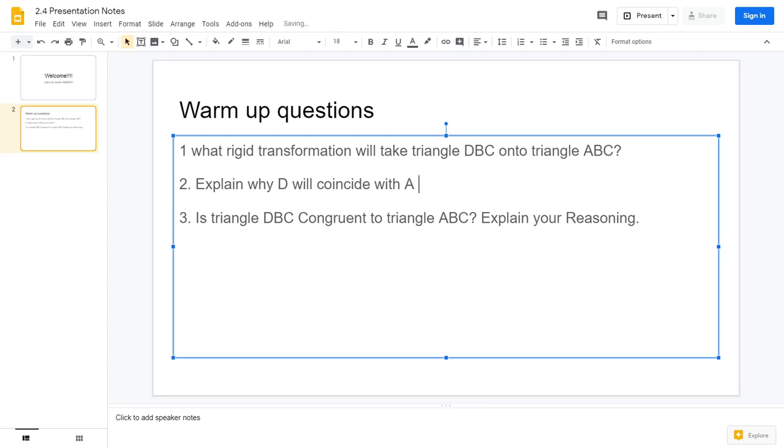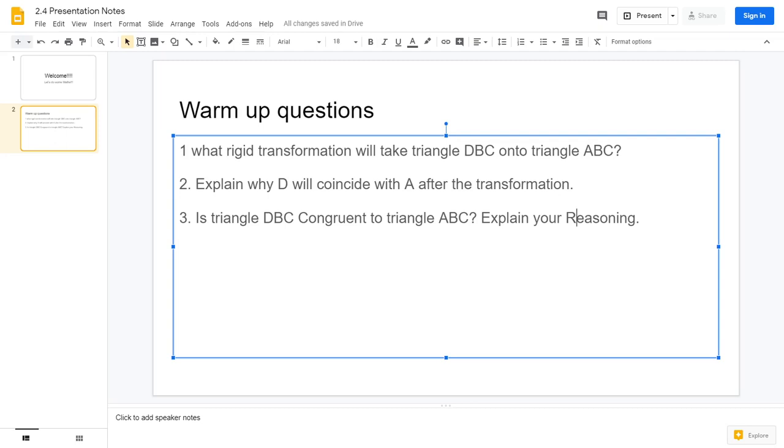Let me put that on there. After the transformation. And is triangle DBC congruent to triangle ABC? Explain your reasoning. Okay, so when you're answering these three questions, I want you to use that sheet that I gave you guys yesterday with all of the transformations on it. Use one of those specific transformation statements to answer number one.